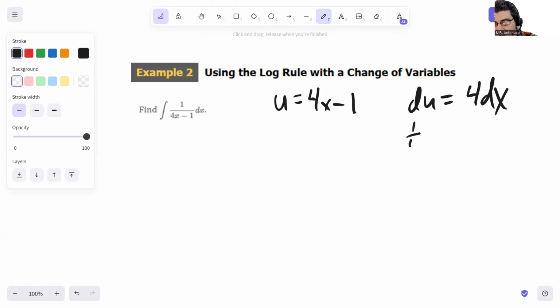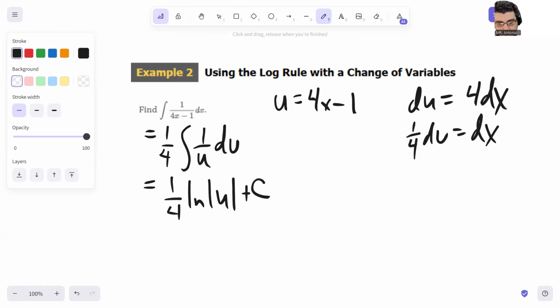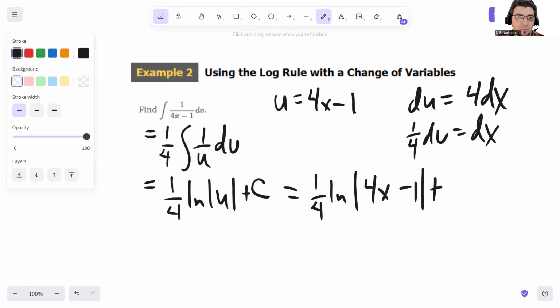So if I multiply by 1/4, so 1/4 du equals dx, then I can make the substitution. 1/4 integral 1 over u du, which is equal to 1/4 natural log absolute value of u plus c, which is 1/4 natural log absolute value of 4x minus 1 plus c. Okie doke. Pretty cool stuff there.